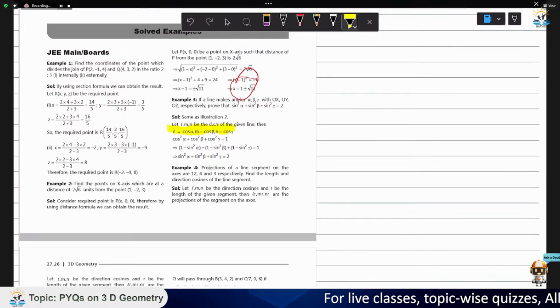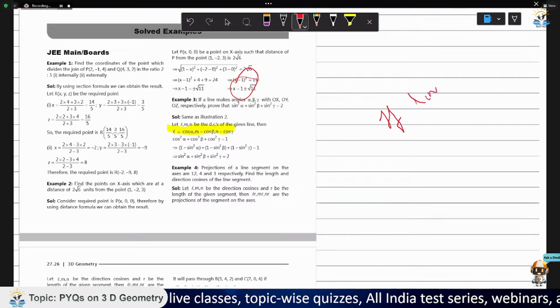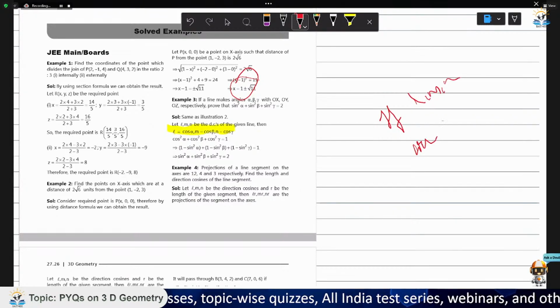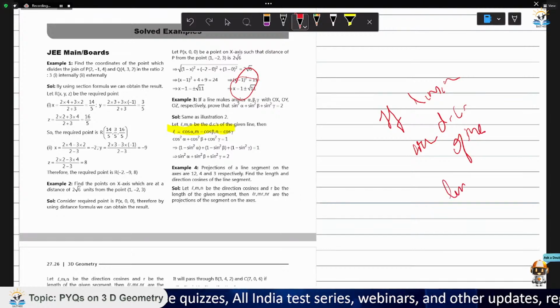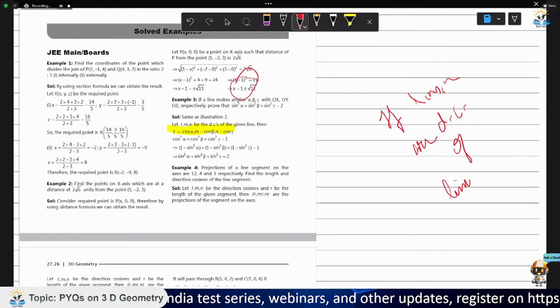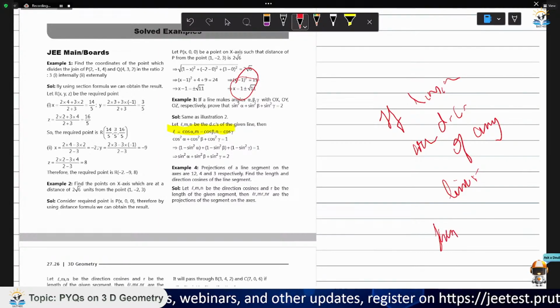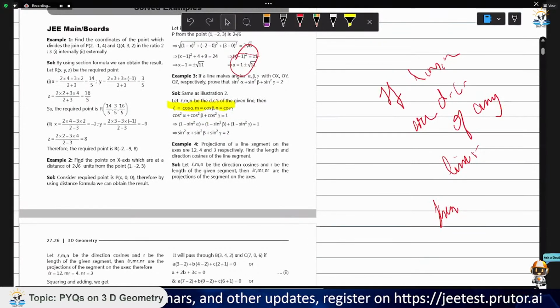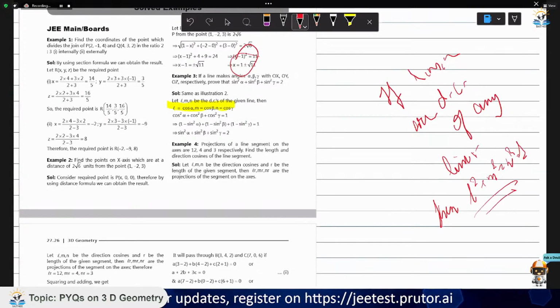And we know this property exists, don't we? We know that if L, M, N are the DCs of any line, then L square plus M square plus N square is equal to 1, right?